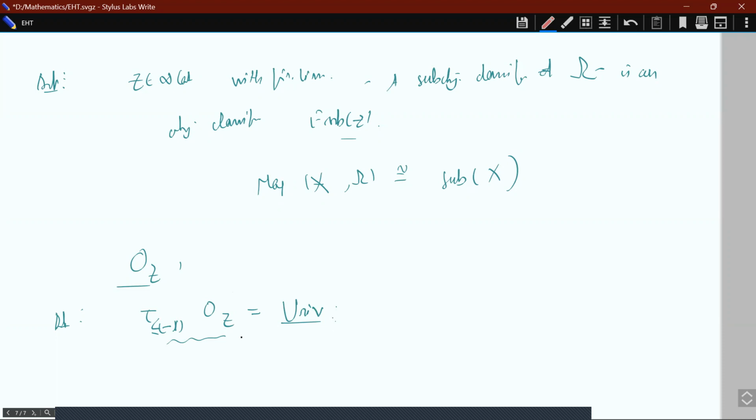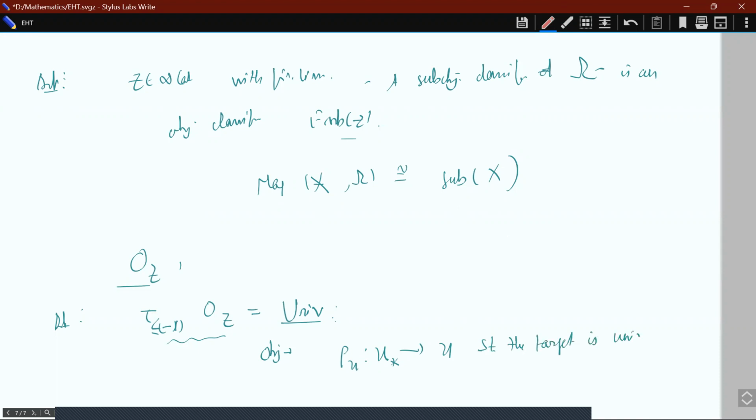The objects of this category are these universal fibrations, such that the target is a universe.